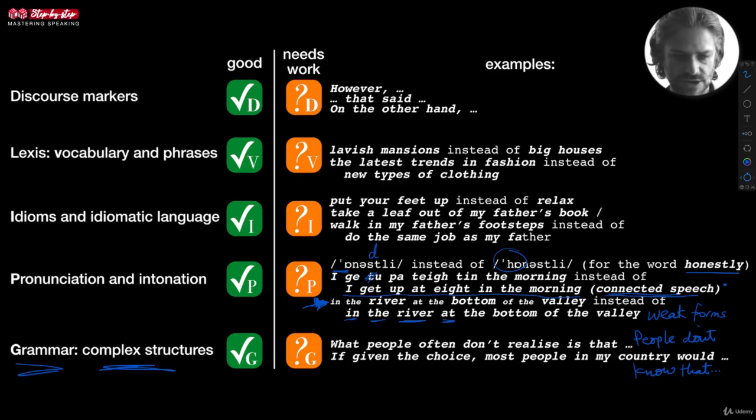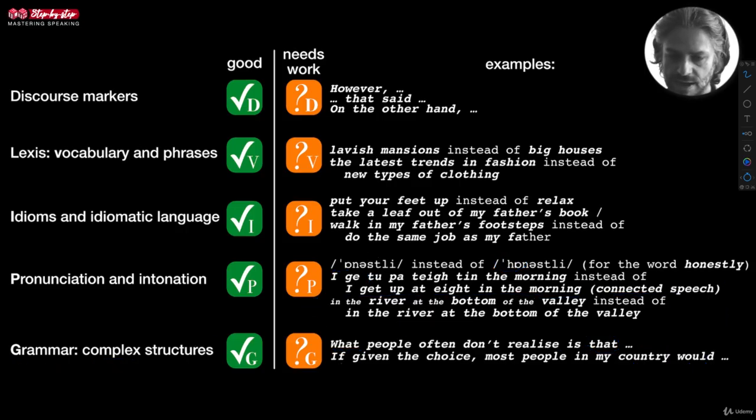But you could make this a lot more complex by using a relative clause, using that and with the word what. So what people often don't realize about Bangladesh is that it is very successful at whatever. Okay, so we're trying to avoid more basic English and using more complex structures.